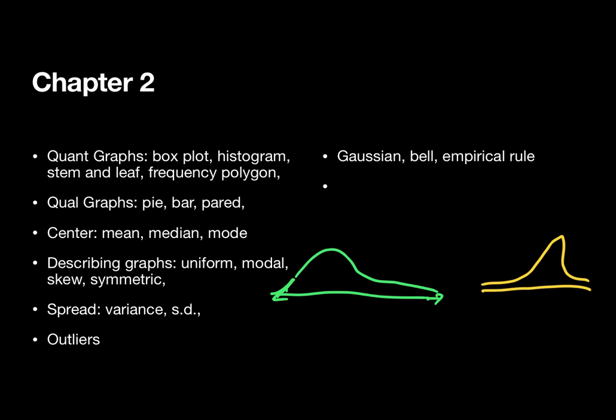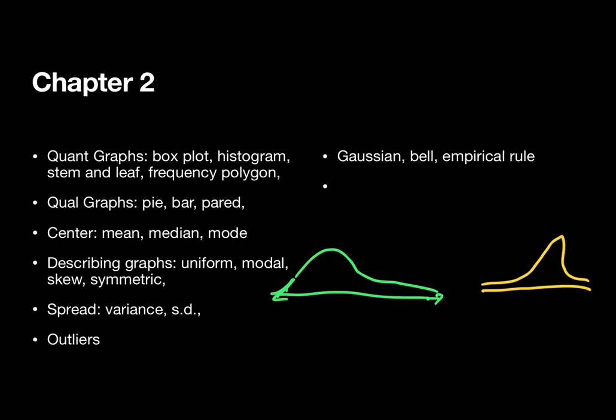Which also means that the mean in a left skewed graph is less than the median. Might be only a little less. This one, the mean is probably significantly more than the median. Maybe it's symmetric, maybe it's not.